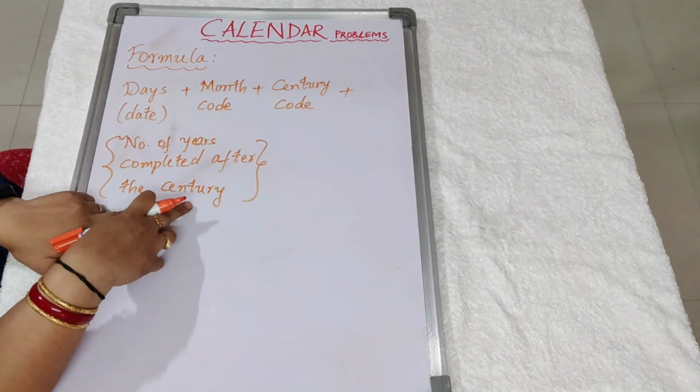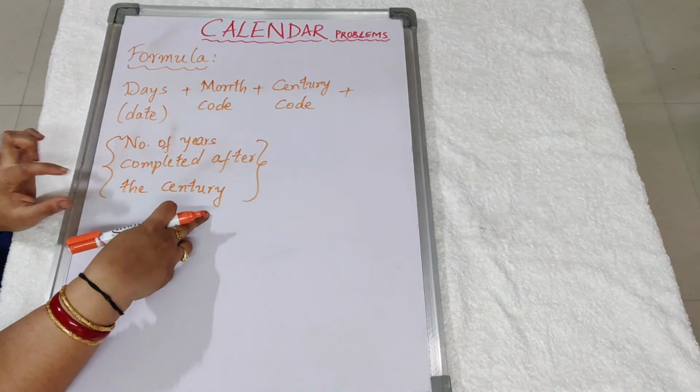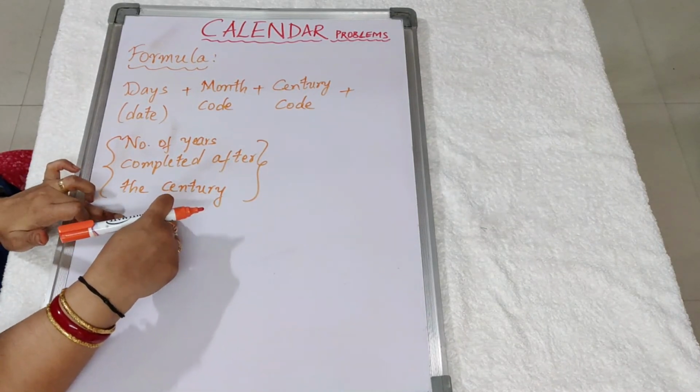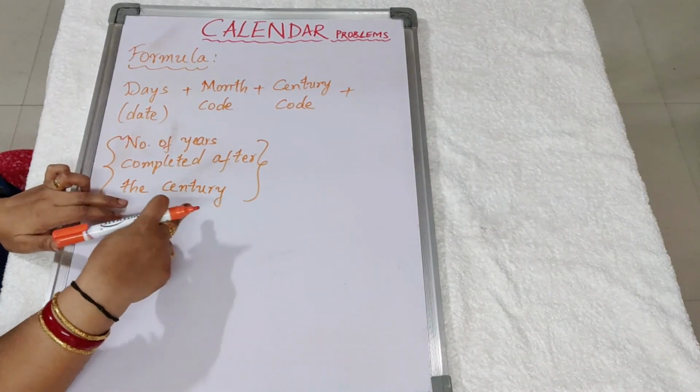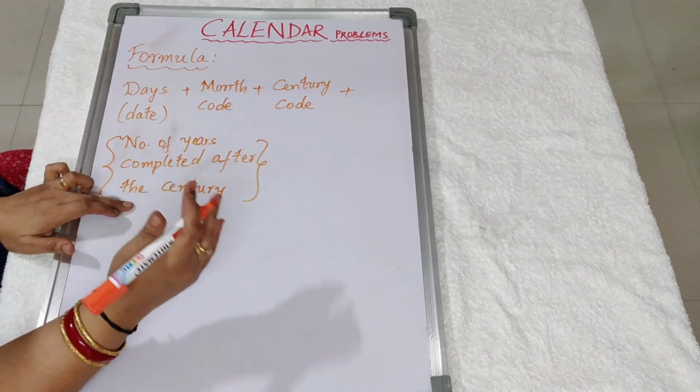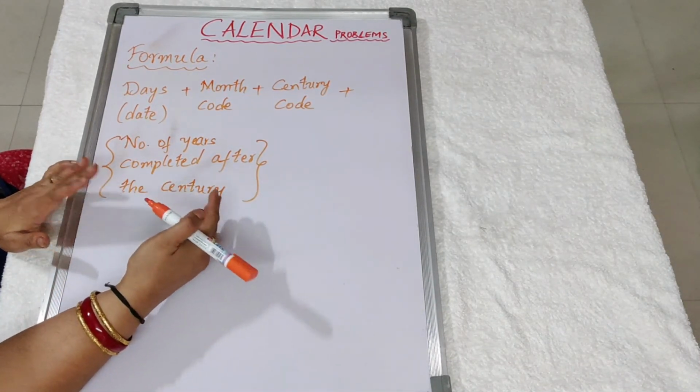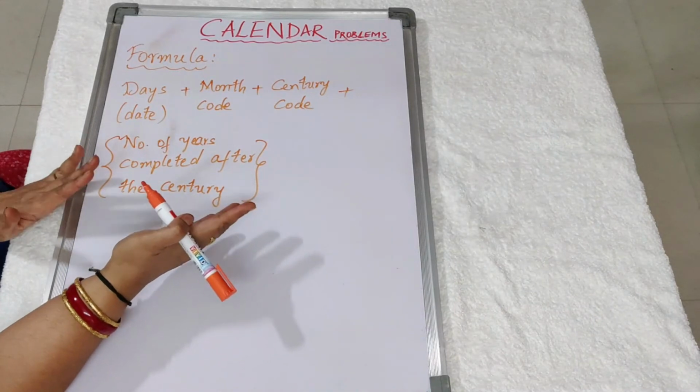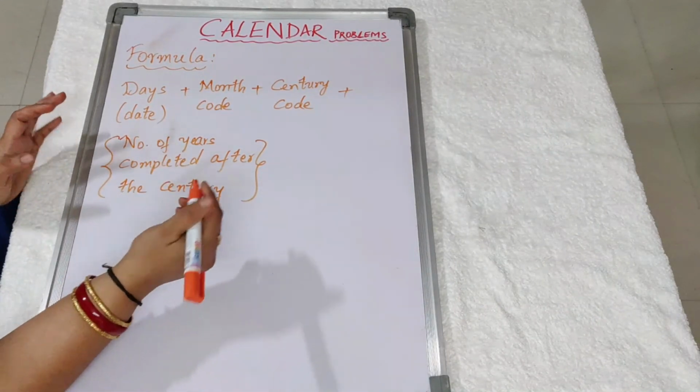Remember, after the century. So that particular year doesn't count. So if it is 1986, the running year is 86, so it is completed years only. So we would take 85.